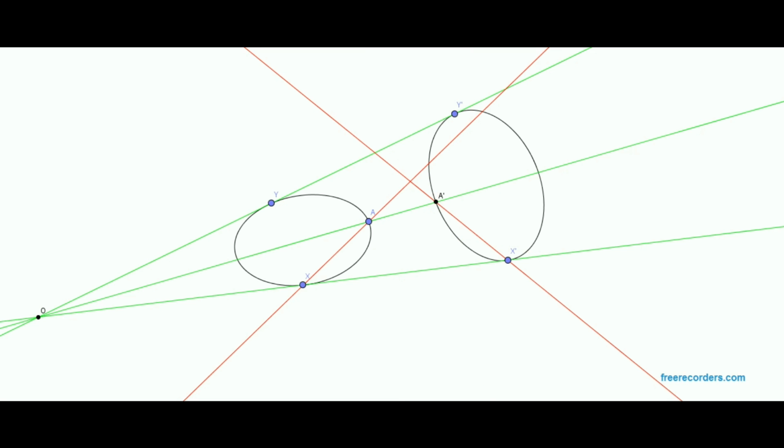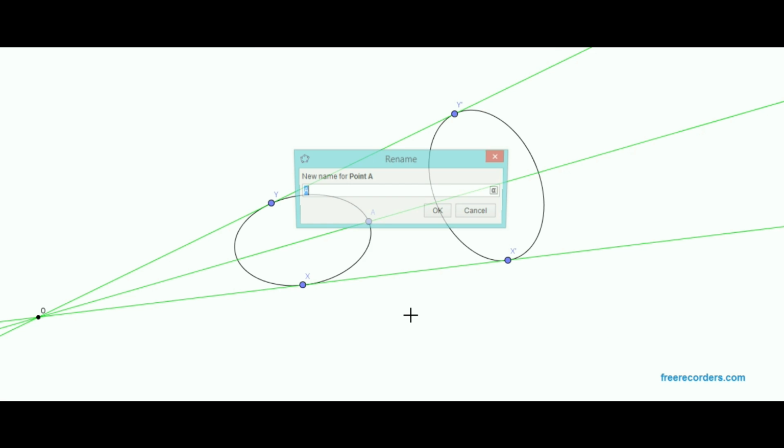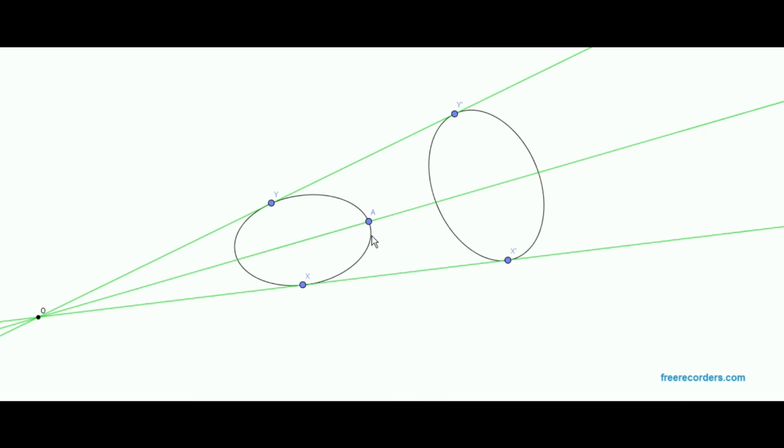Well, if we go back, we made a choice. Okay, so we decided already that this was point A, but we also decided that this was going to be point A dash, and we had 2 choices there.